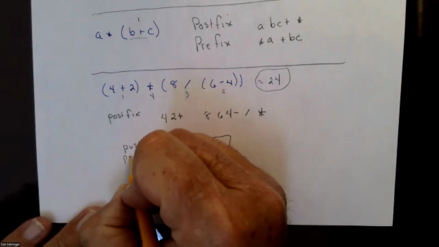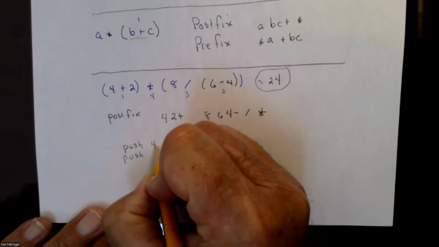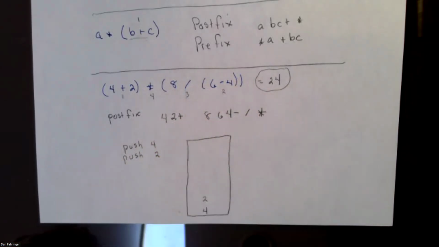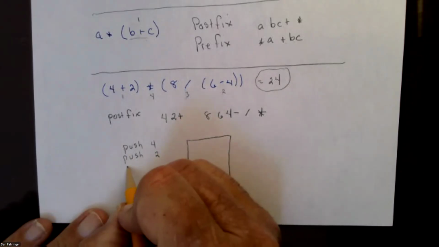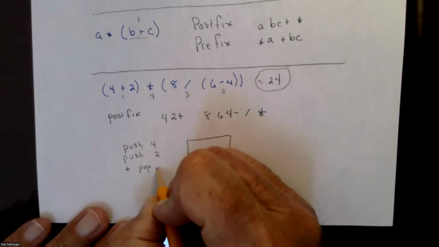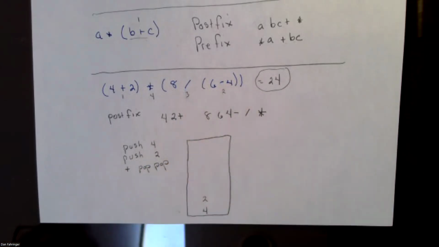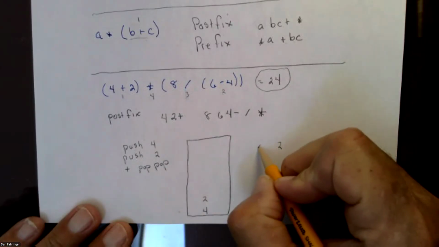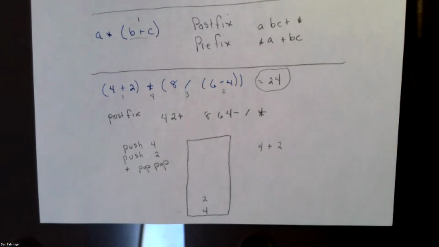Push 2. Operator. Operator says pop, pop, and add. I'm going to pop the 2. I'm going to pop the 4, and I'm going to add.